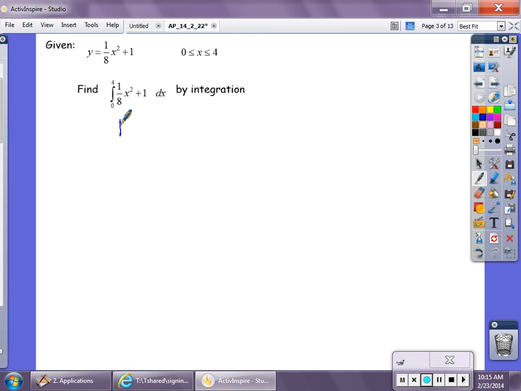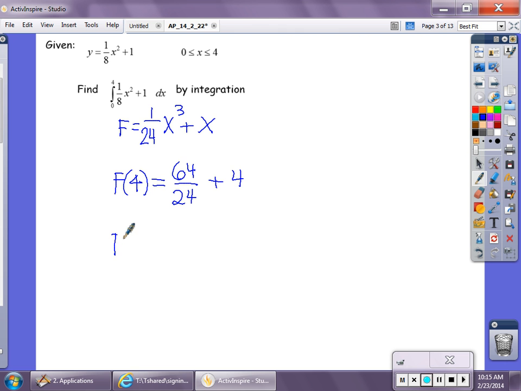So for this guy, not the nicest looking problem, but add 1 to the power, which would be third, so 1 over 24 x cubed plus x, and then f of 4 would be 64 over 24 plus 4, and f of 0 would be 0.